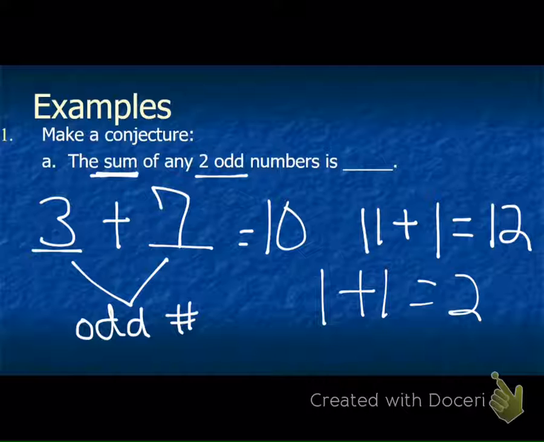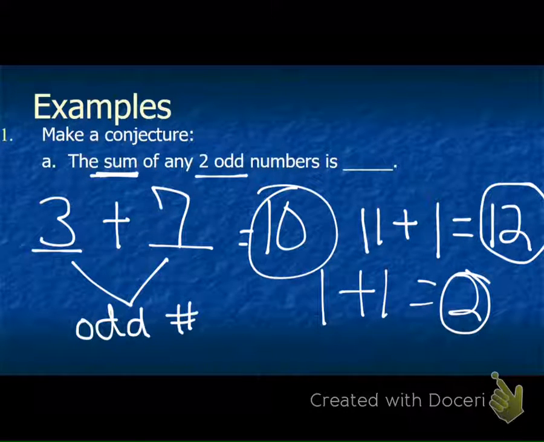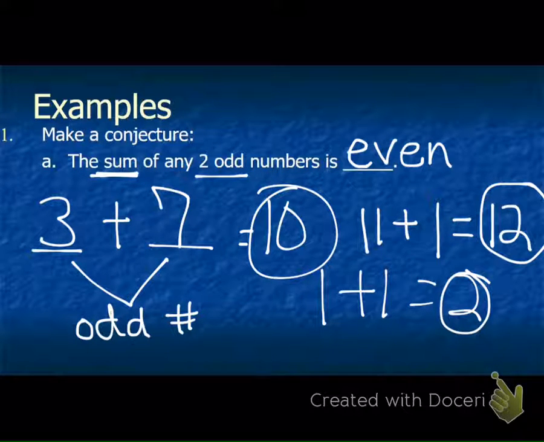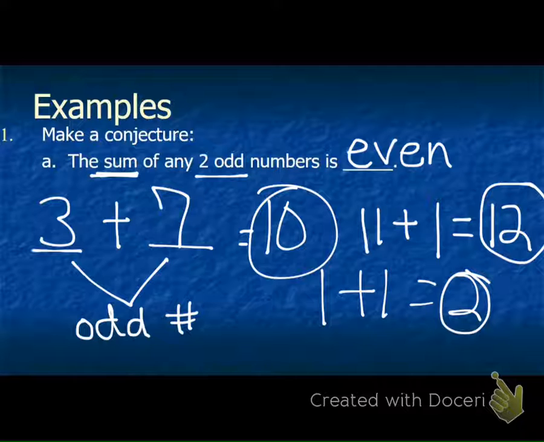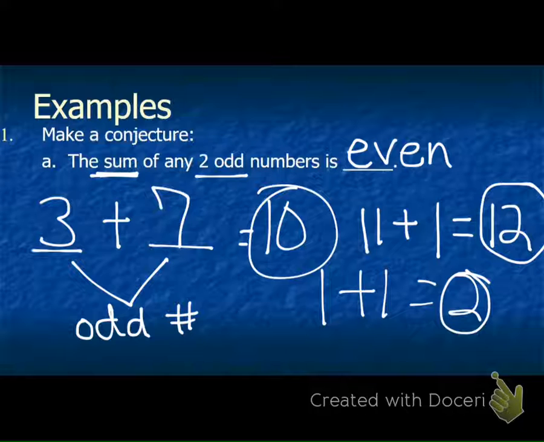Perfect. Equals 2. What do you notice about all of these answers? They are even, so our answer is even. Put one of those examples down, like 3 plus 7 equals 10, or 1 plus 1 equals 2, below it. Cool.